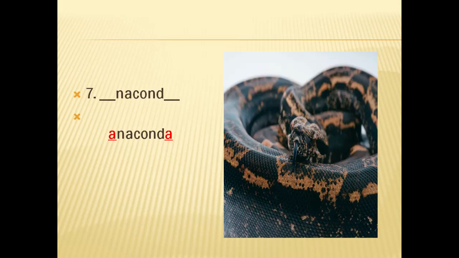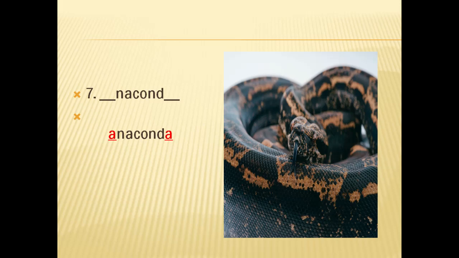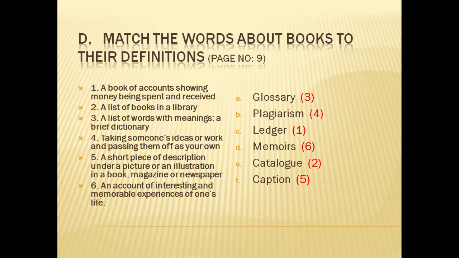The sixth one, E R A S E, erase. The seventh one is A N A C O N D A, anaconda. The eighth question, dash A B E dash. Write L, then it will be label. L A B E L, label.